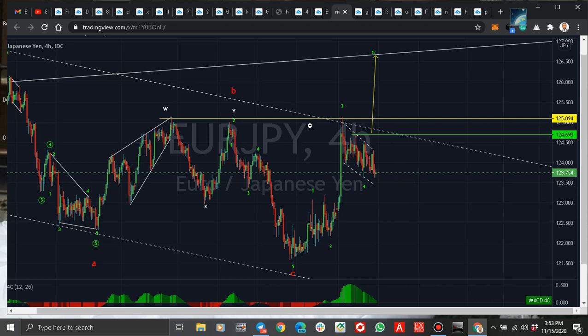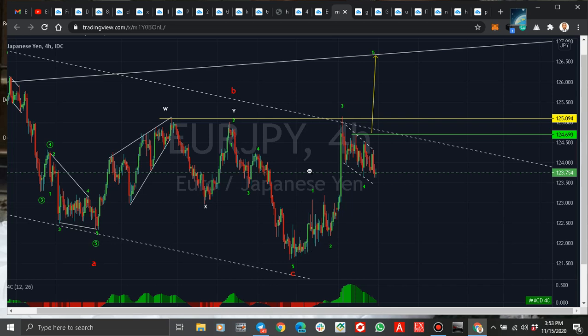So you see euro yen and pounds yen go together, but right now I'm seeing a buy on euro yen and I'm seeing a sell on pounds yen. So it calls for caution and care because they used to go together. But one thing is sure, they will somewhere or sometime come together again, to go together again. That's sure.